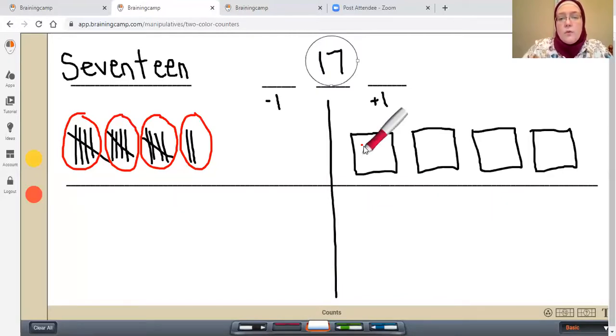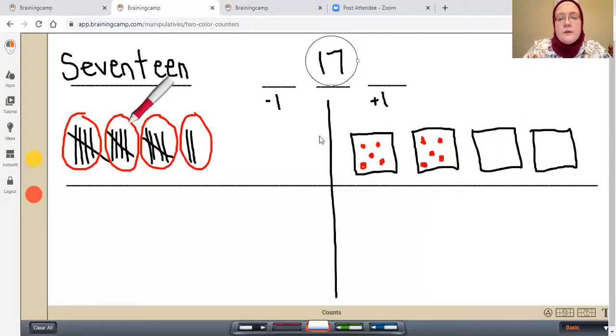So 1, 2, 3, 4, 5, and another 5. 1, 2, 3, 4, 5. See, there's that first one.